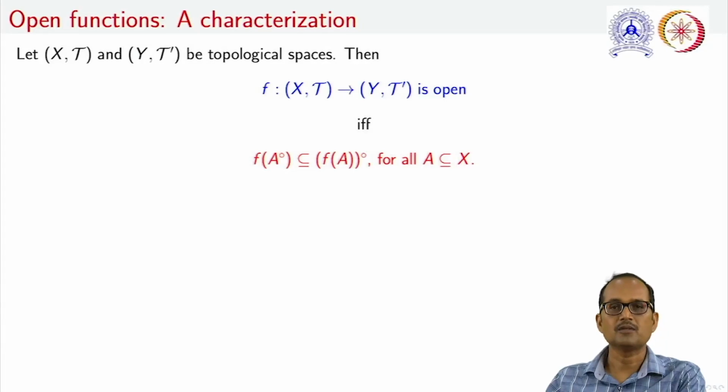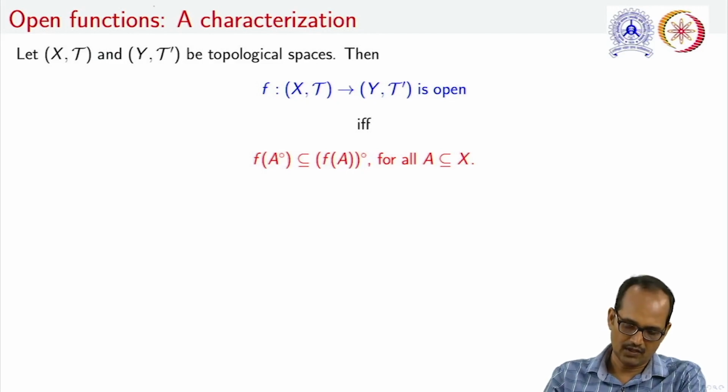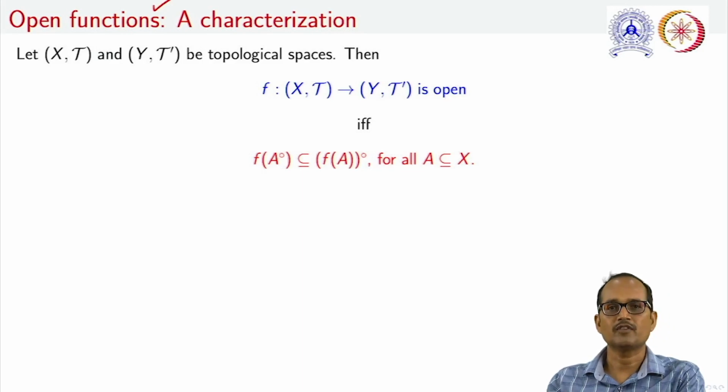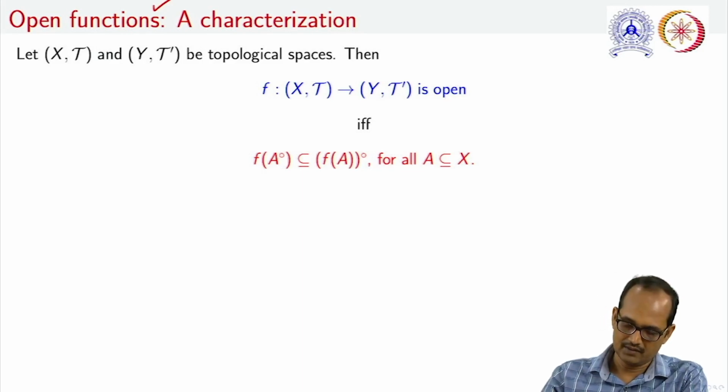Similar to the characterization of closed function, we can characterize open function. We have seen the characterization of closed function in terms of closure. Obviously, as open sets are defined in terms of interior, we can characterize an open function in terms of interior. Let us see the characterization.